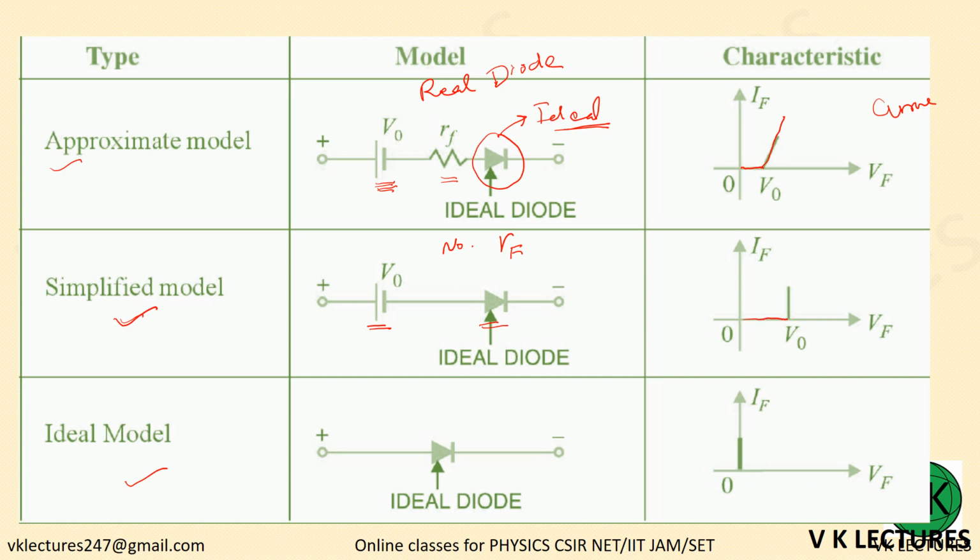There is no current up to V0, and after V0 it shoots up directly, independent of R. Now why we use the simplified model is, suppose in your circuit other resistances are of high value.